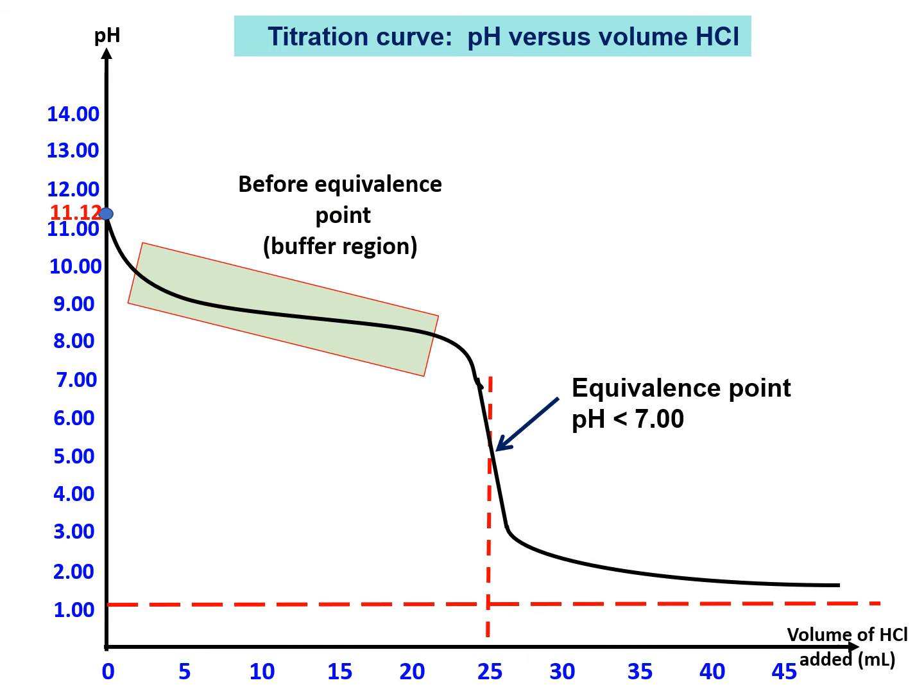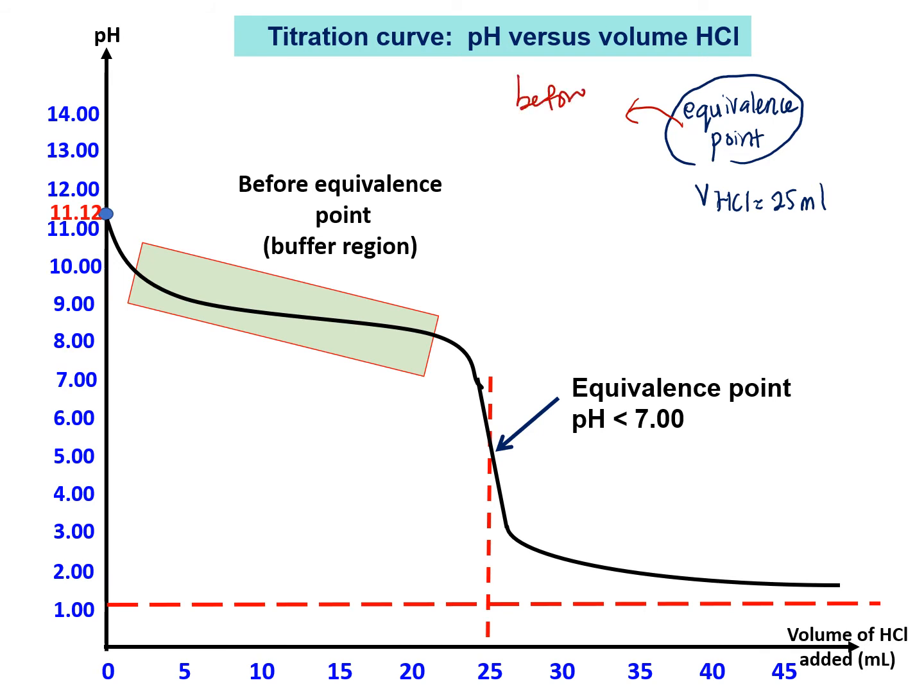So, let's discuss a bit about this. Okay, apa yang terjadi? So, kita punya equivalent point adalah pada masa volume of HCl sama dengan 25 ml. Okay, ini yang kita tentukan daripada calculation tadi. So, sebelum equivalent point, so before equivalence point, apa yang akan berlaku?